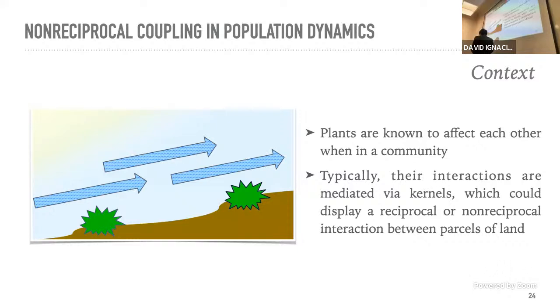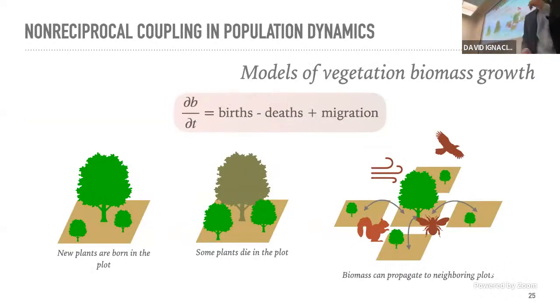And typically, when scientists try to model this mathematically, one uses kernels of interaction, which could display a reciprocal and non-reciprocal interaction between the plants. Okay, so a little bit of explanation of how we do this.